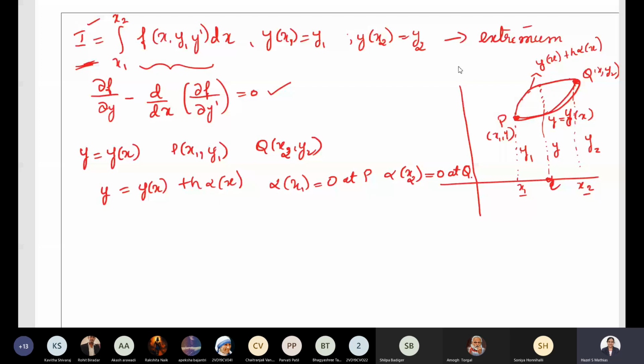Why is this? See, y equal to y of x plus h times alpha of x.